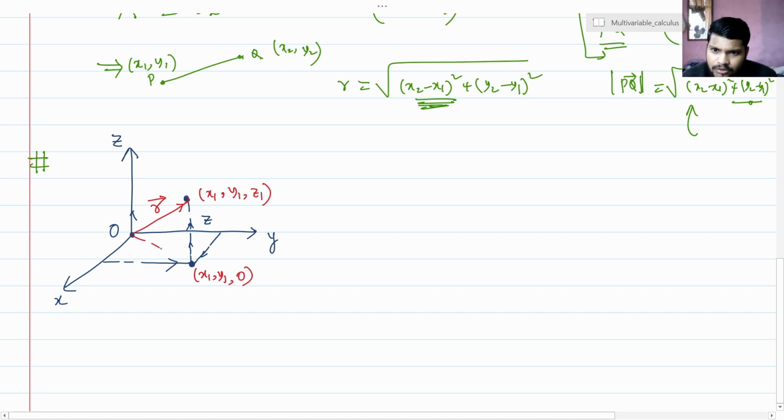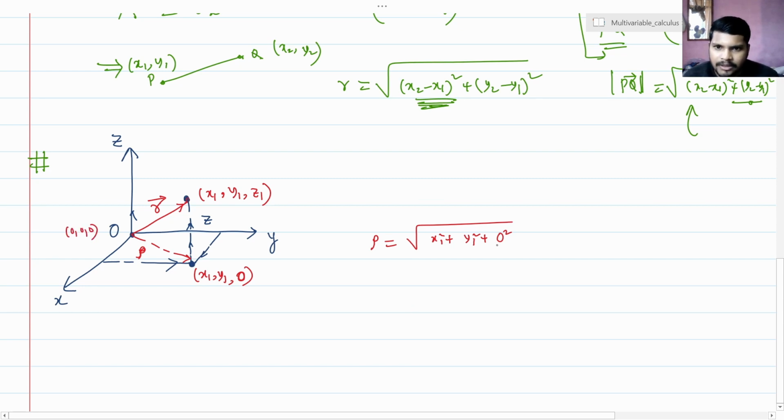So first of all, we are going to find the distance in the x and y plane by using rho. So rho becomes the square root of x1 squared plus y1 squared plus 0, because there is nothing else; you can just say it is 0 comma 0 comma 0. So this is the rho.